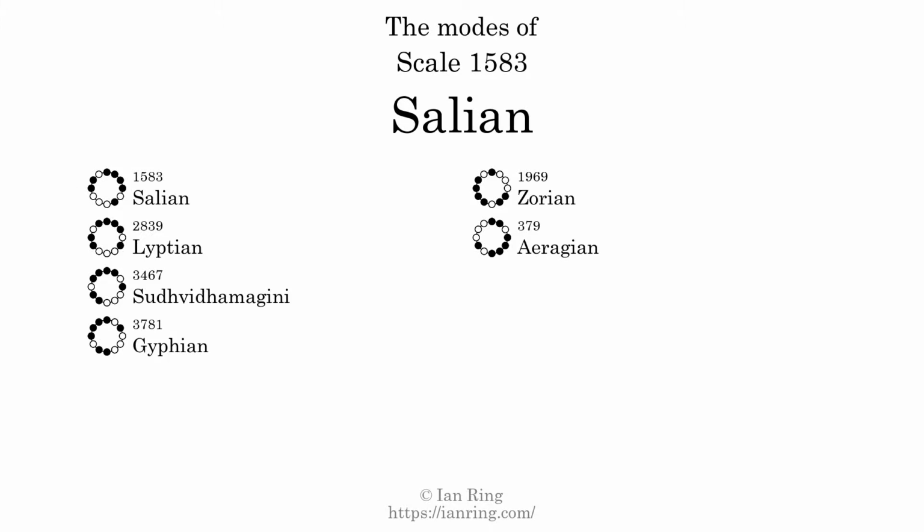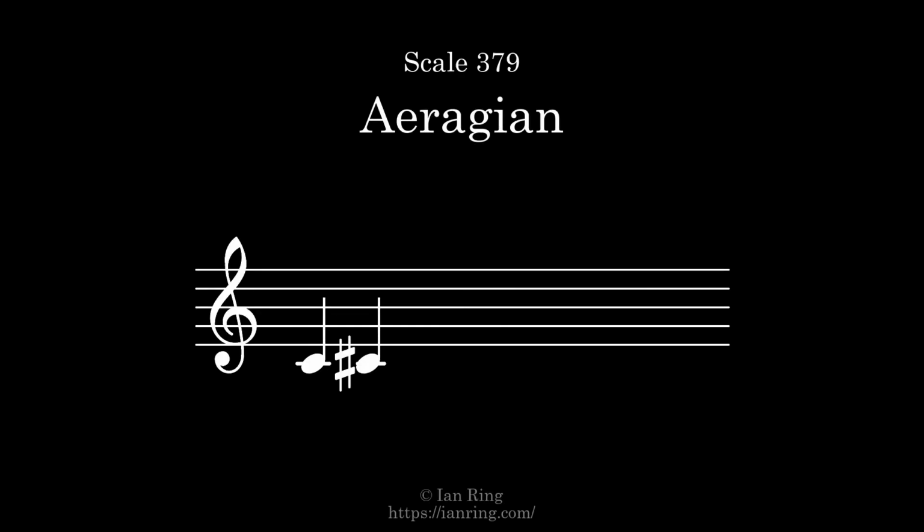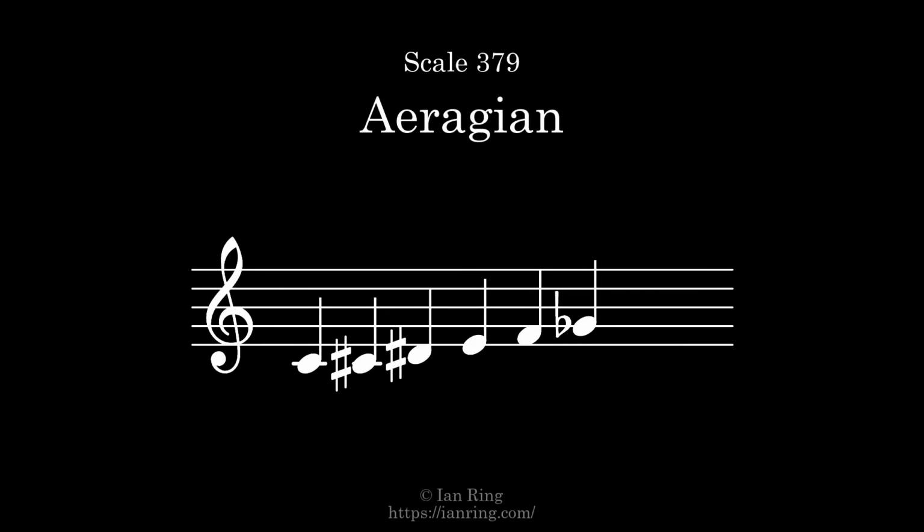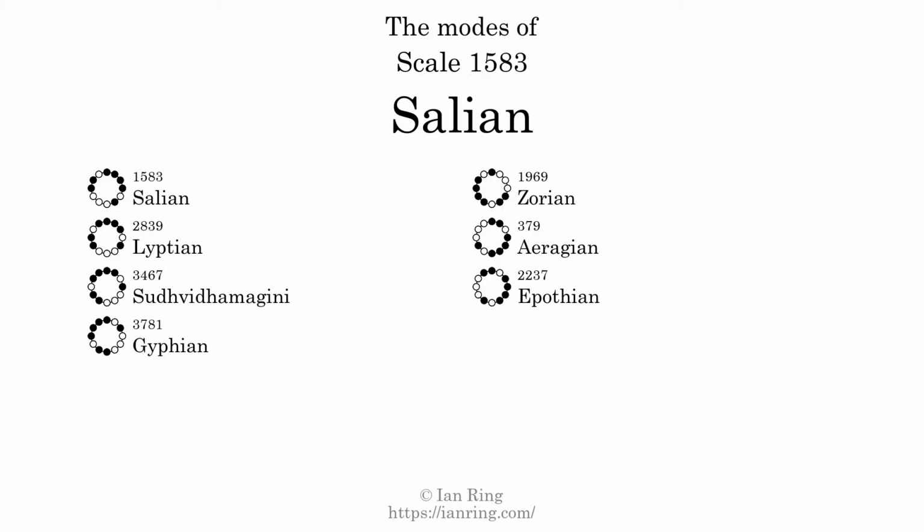The sixth mode is scale 379, also known as Arabian. It sounds like this. The seventh and last mode is scale 2237, also known as Apothian. It sounds like this.